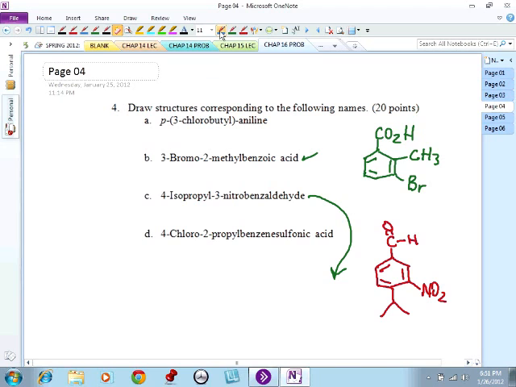Let's do D. 4-chloro-2-propylbenzene sulfonic acid. Okay, what is the base name? Benzene sulfonic acid. Okay, very good.